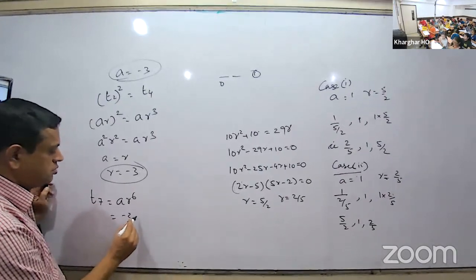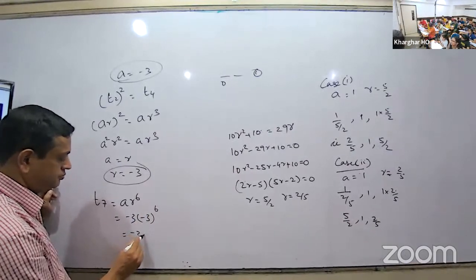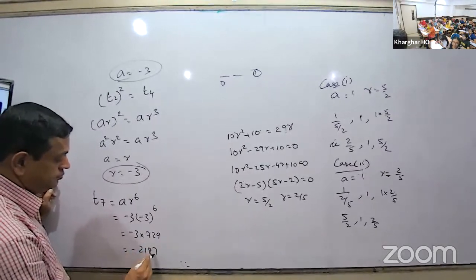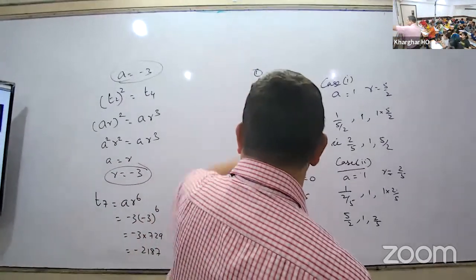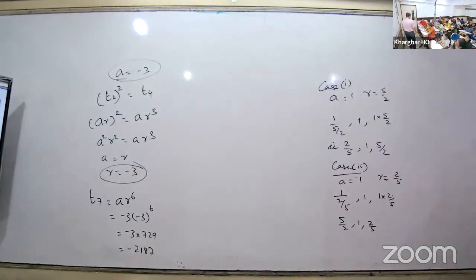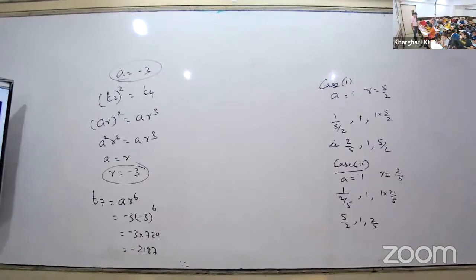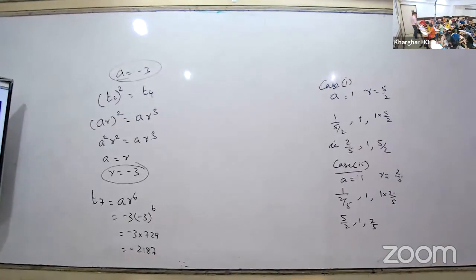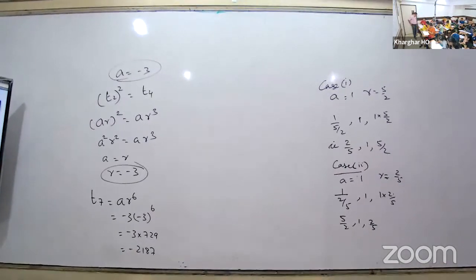Minus 3 into 729. Yeah, done, all of you? Exercise is done, chapter is over.